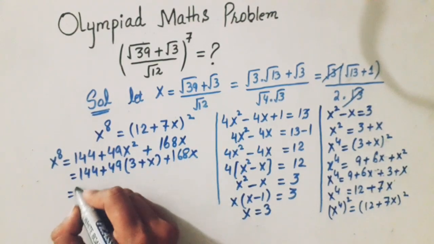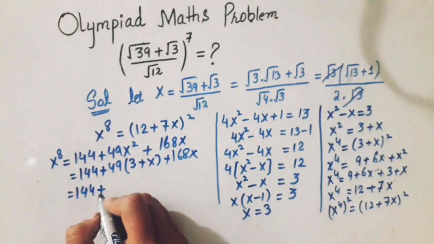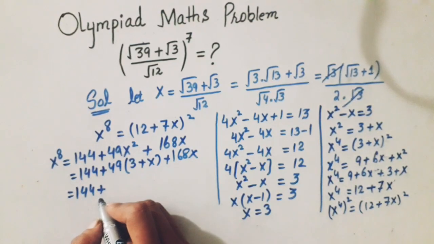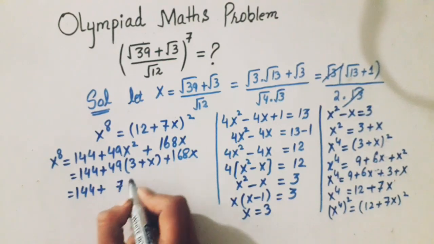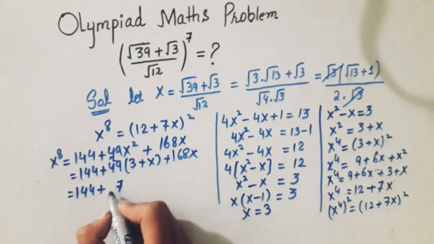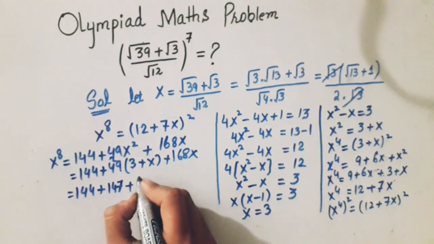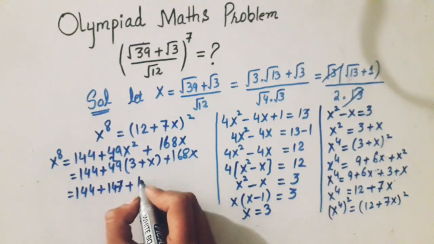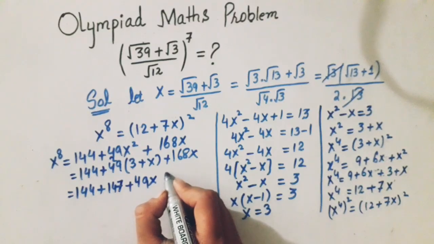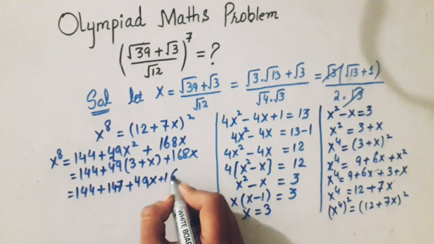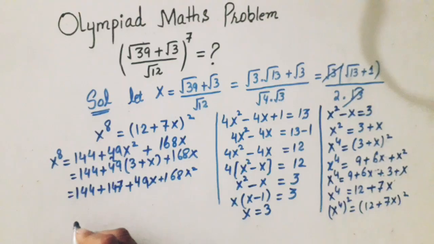So this will become 144 plus 49 threes are 147, plus 49x plus 168x.